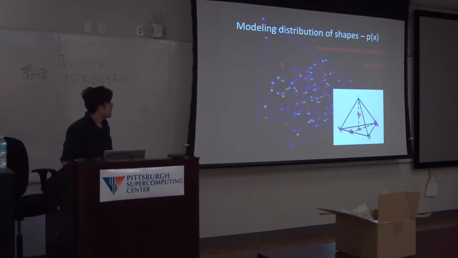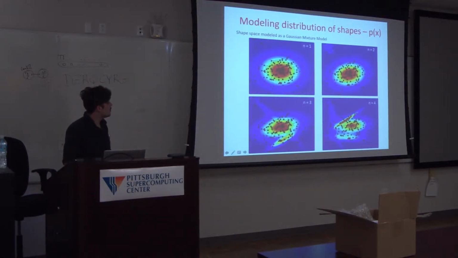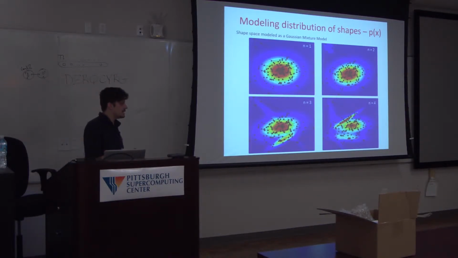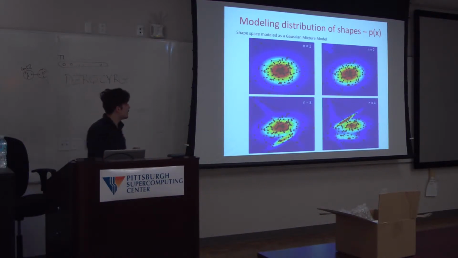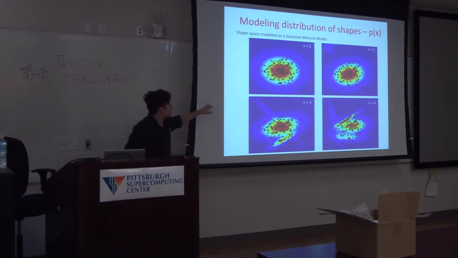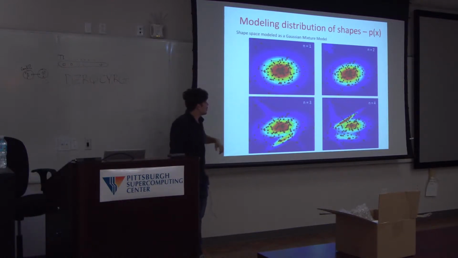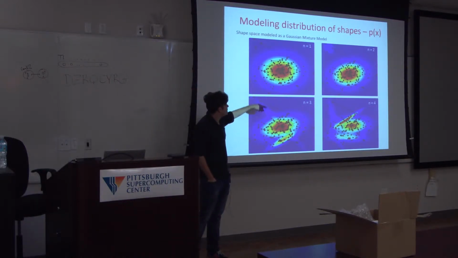Additionally, we can also use the coordinates of cells in our shape space as points in any type of distribution and model populations as a Gaussian mixture model. So here is an example of a population of cells represented with black dots.